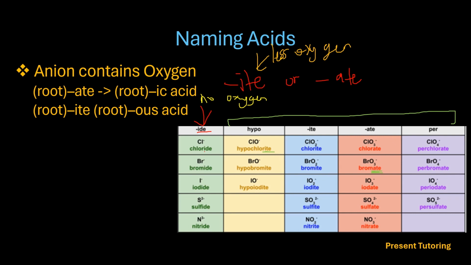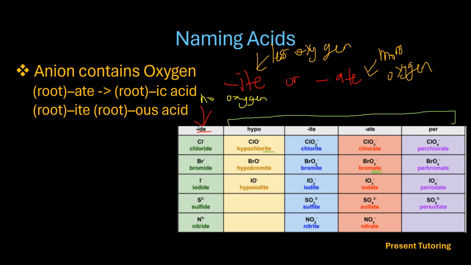The suffix ATE means more oxygen. Hypo as a prefix means even less oxygen, and per means even more oxygen.